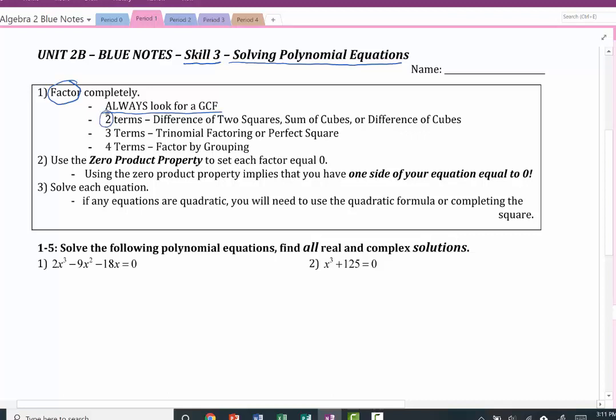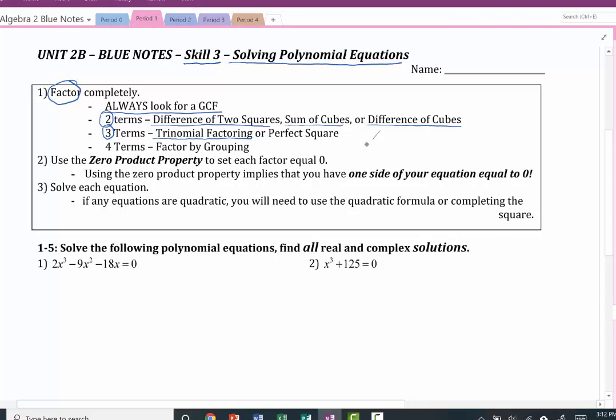When there are two terms, we check to see if it's possibly a difference of two squares, or maybe it's a sum of two cubes, or a difference of two cubes, and then we use the formulas for those to get the factors. If there are three terms, we use the method for trinomial factoring that we learned in Unit 2A, so that's from your Skill 4 outline.